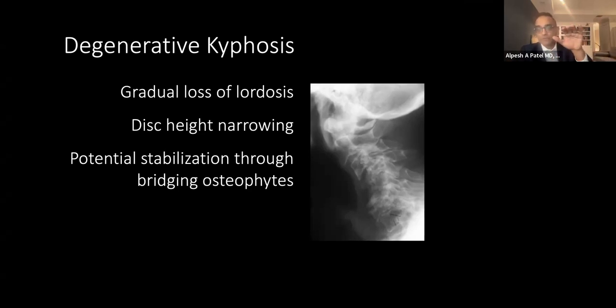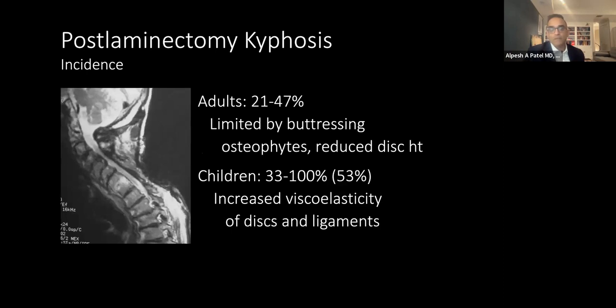You'll see a little bit of kyphosis form, and then that will beget one level after another becoming kyphotic, and you'll eventually get a gradual loss of lordosis. Occasionally, these deformities will actually stabilize themselves over time. They won't progress to severe chin-on-chest type deformities like we saw with that first patient, because those osteophytes will stabilize over time.